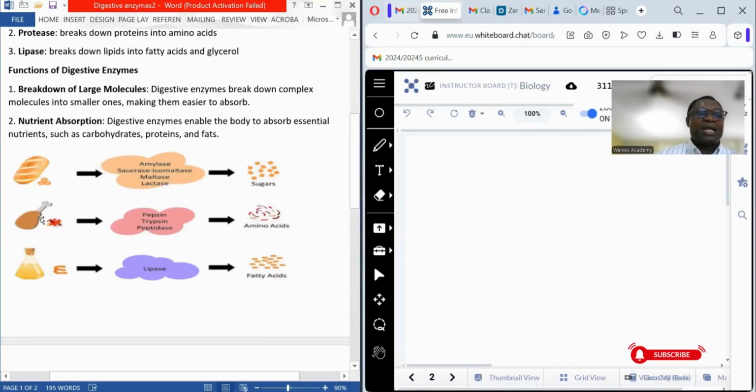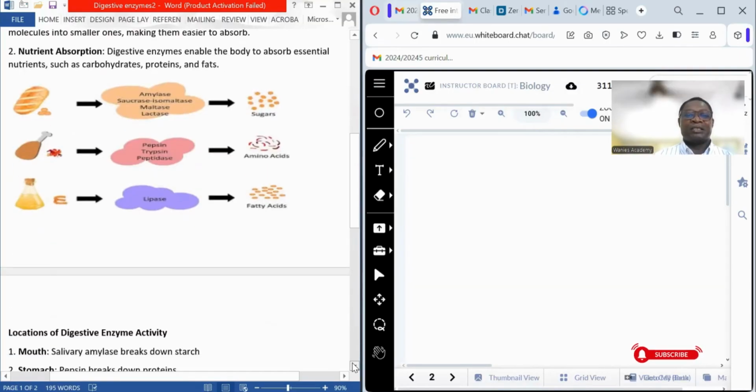Now you can see my diagram where I have the action of the digestive enzymes, amylase acting on bread, breaking it down to simple sugar. You see protease, which is made up of pepsin, trypsin, and peptidase, act on protein, breaking it down to amino acid, and we have lipase acting on lipids or fats, breaking it down to fatty acids.